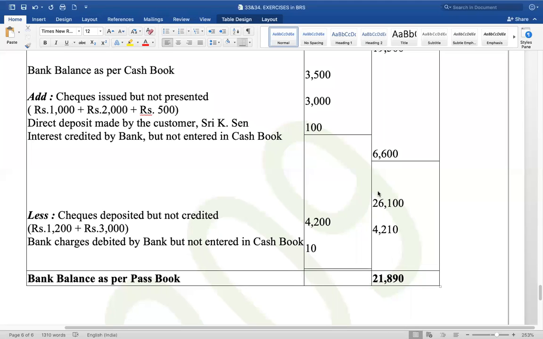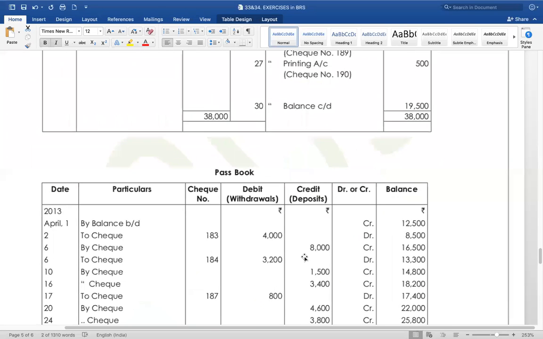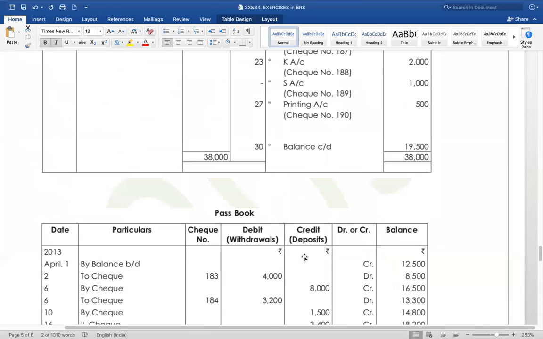26,100. And next, less items. There are some checks deposited but not credited. What are they? Look at this.